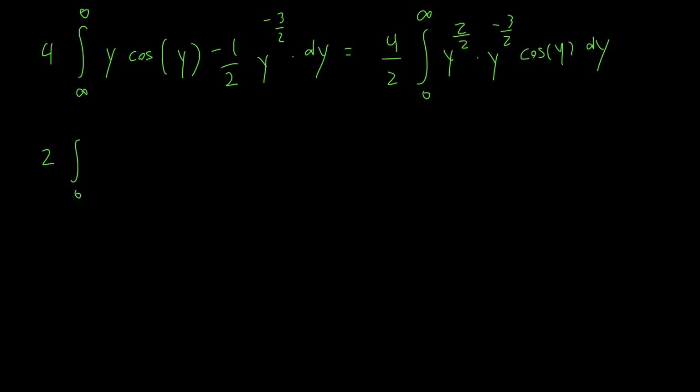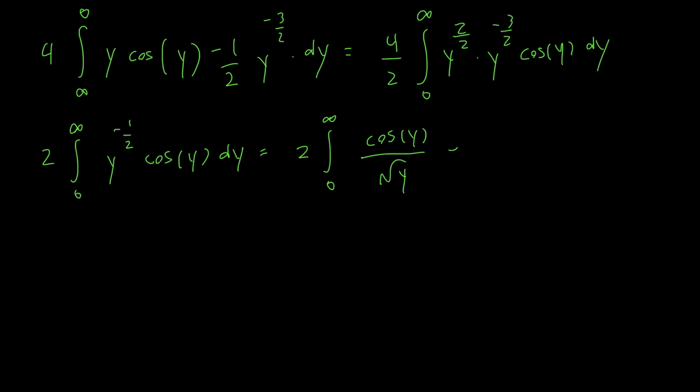The integral from 0 to infinity, multiplying the y's, we have a y to the negative 1/2 times the cosine of y dy. So we have twice the integral from 0 to infinity, the cosine of y over the square root of y dy.